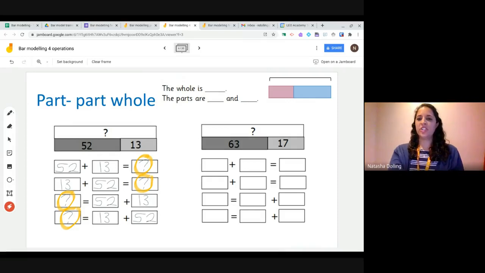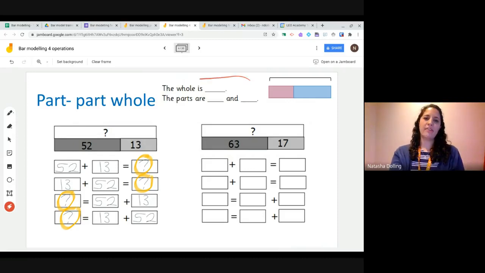So what I'd like you to do is to have a go. Can you write all of the different equations that you can get from this part whole bar model? Can you please include, even if you've calculated, which I'm sure you're all able to do, can you keep the question mark in the equations? Pop it in the chat and have a think about, where does the question mark come up in these equations?